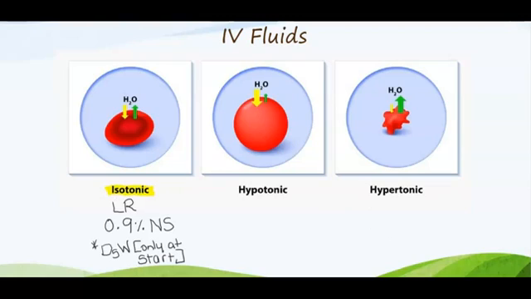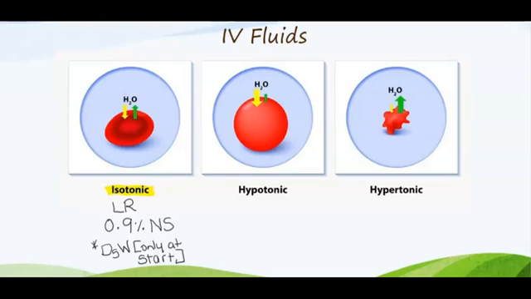So let's talk a little bit more about an isotonic IV solution. A couple examples of an isotonic solution include lactated Ringer's. You might hear people refer to it as Ringer's lactate. We also have 0.9% normal saline. An isotonic solution means it's the same tonicity as what we would see in my patient's natural serum.